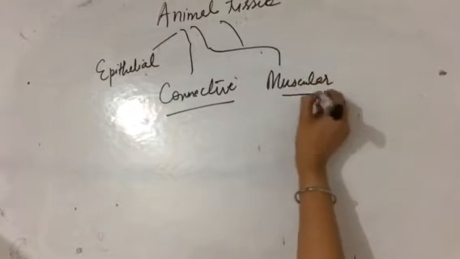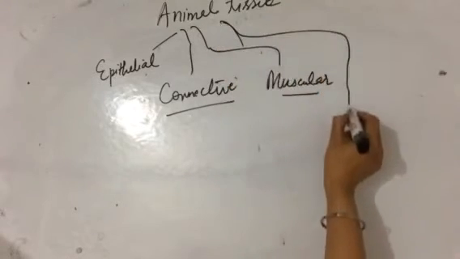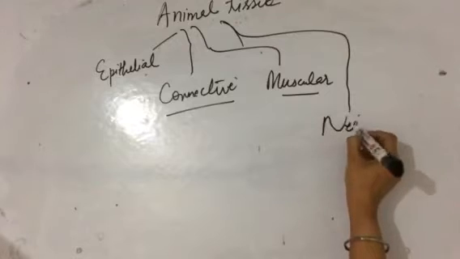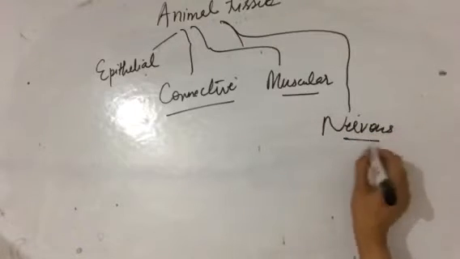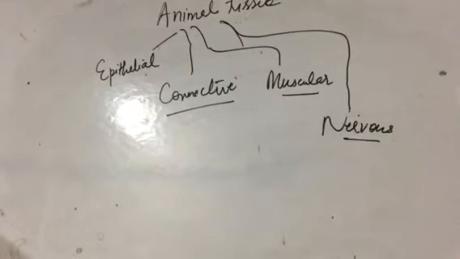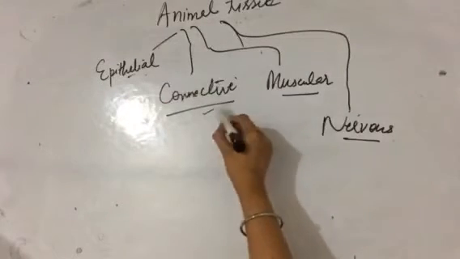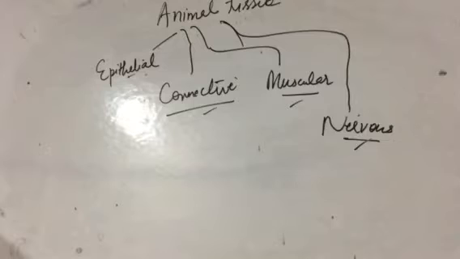And the last one is nervous tissue. So four types of tissues are there: epithelial, connective, muscular, nervous. Okay, so we will deal firstly with the epithelial tissue.